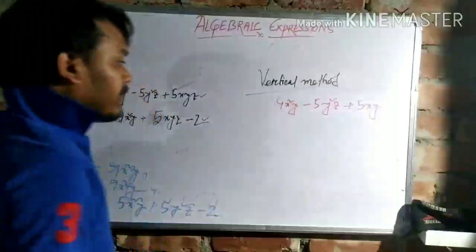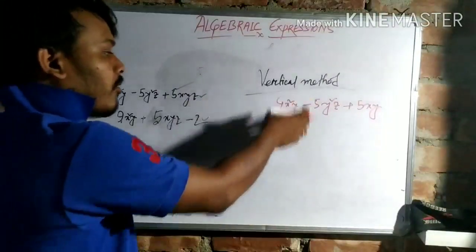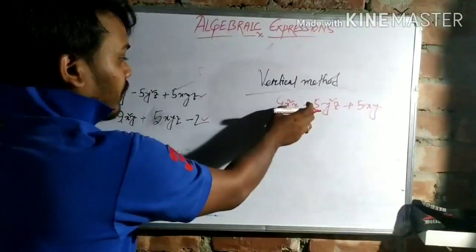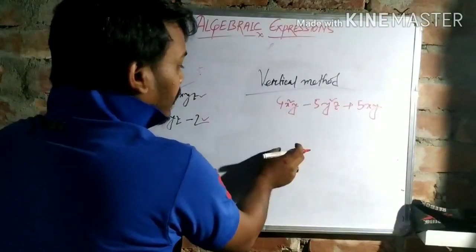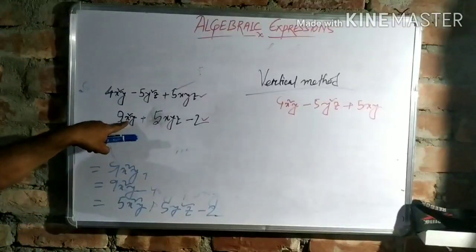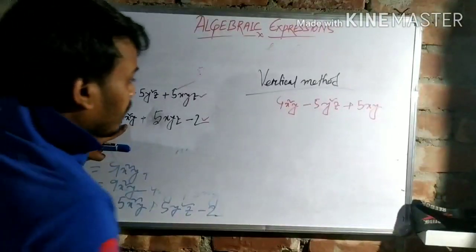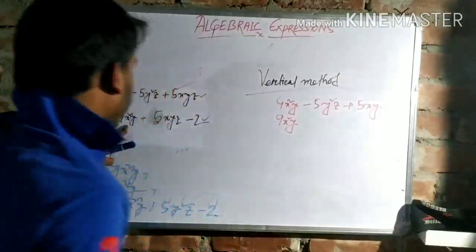Then now we write the like terms column wise. So in x square y's column we write x square y's terms. So 9x square y is there.